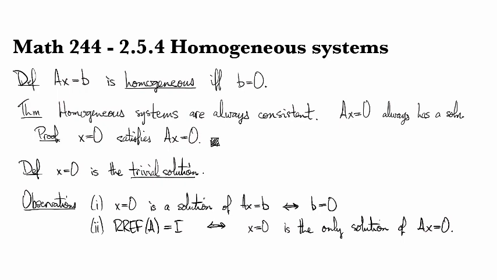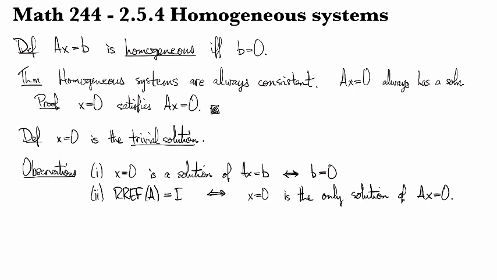This follows from what we saw in the examples previously: the reduced row echelon form of A being equal to the identity gives you a unique solution, because from that reduced row echelon form you can just read off the values of the variables. They're totally fixed.